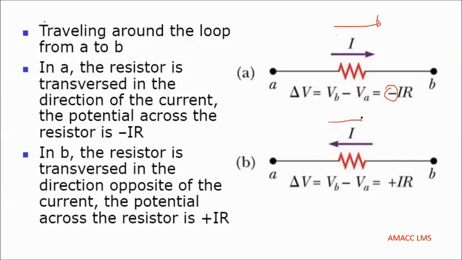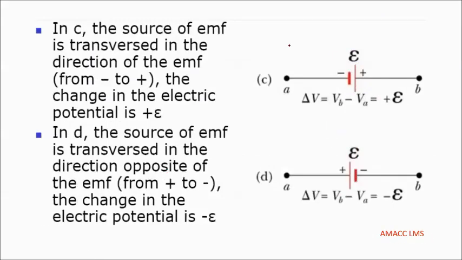And if opposite, then positive IR. For the sign of the electromotive force, when you cross from negative to positive, whatever the last terminal you step on, that is the sign of the EMF. So traveling from A to B, the last terminal is also the sign of the EMF in the equation of V. So, we end here.